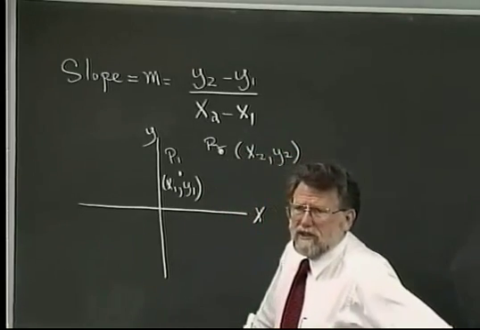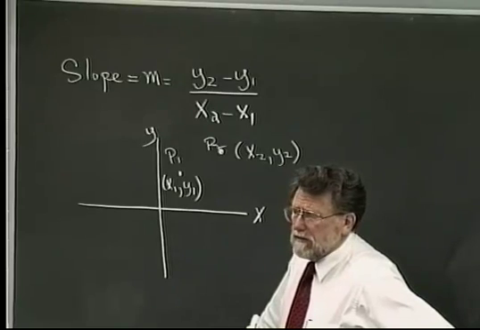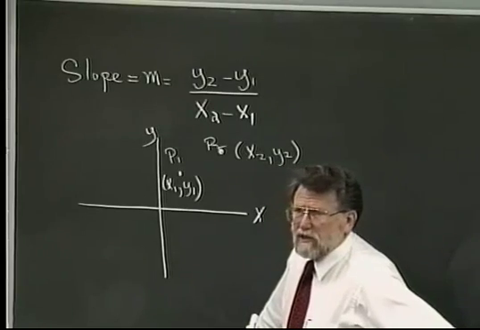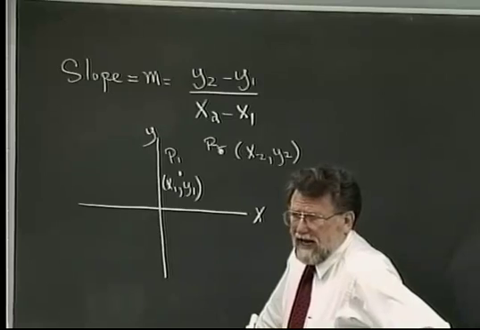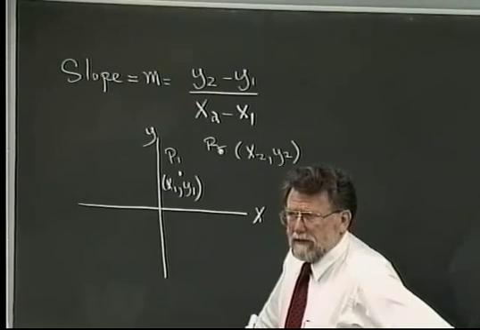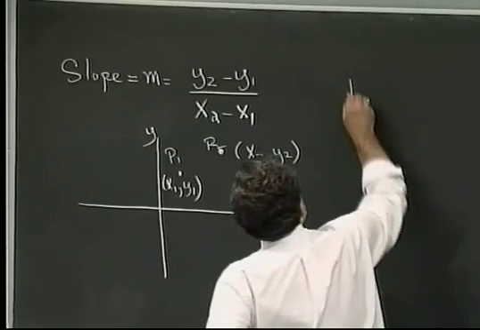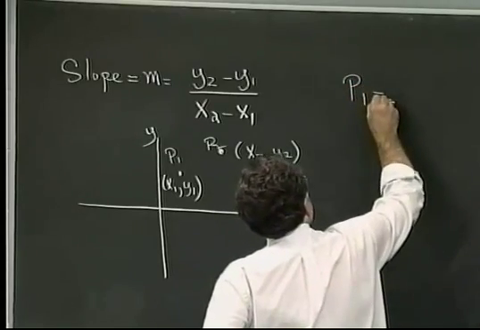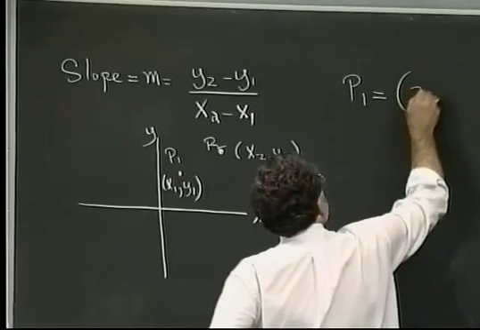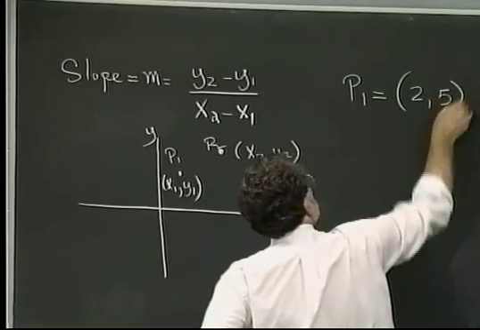Now, the simplest way of deciding which is x1 and which is x2 is to ask which x is the smaller value. So as an example, let's assume that point 1 is defined by the ordered pair 2, 5.